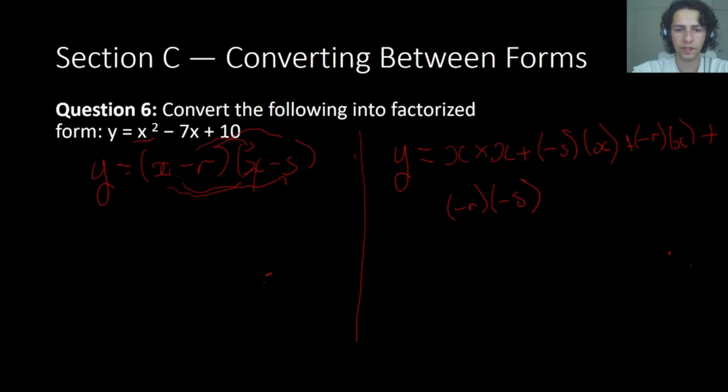So if we write this in a bit more of a clean form, we get x squared minus sx minus rx, plus, because two negatives make a positive, plus rs. Now we notice that we can take an x out.